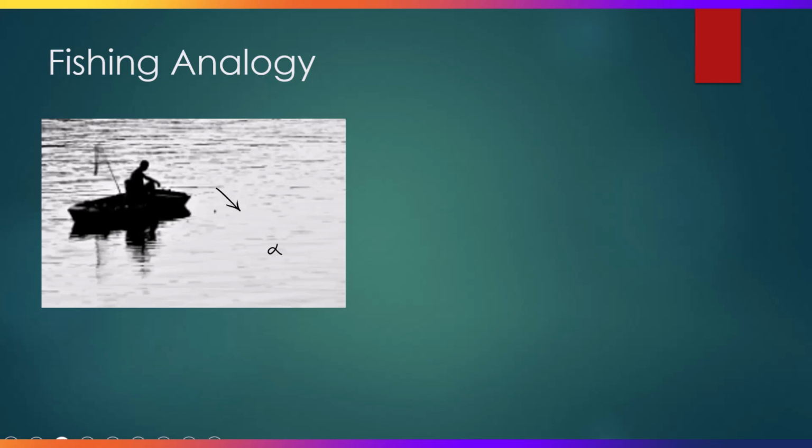That one looks like it could be headed towards the fish, but the fish could dodge it. The water could change its trajectory, but we're basically making a guess here. You can think of this as like a point estimate. And so from our sample, we might get X bar, we might get a proportion P, but we're going to get a value and we're going to use that as our educated guess.